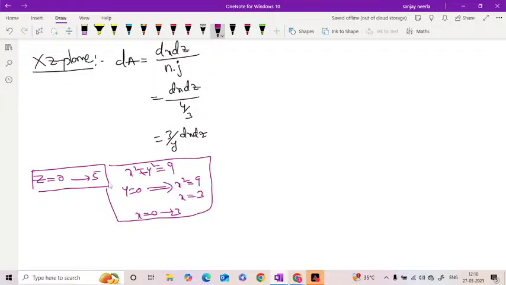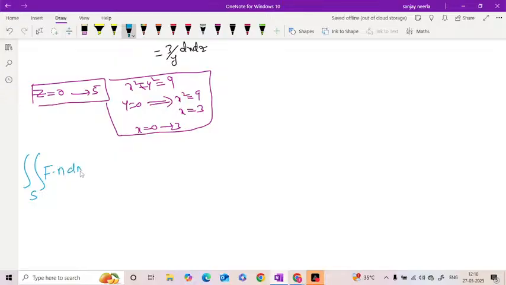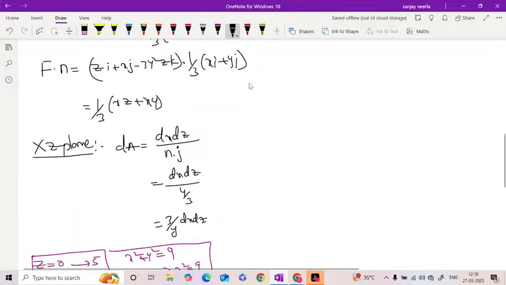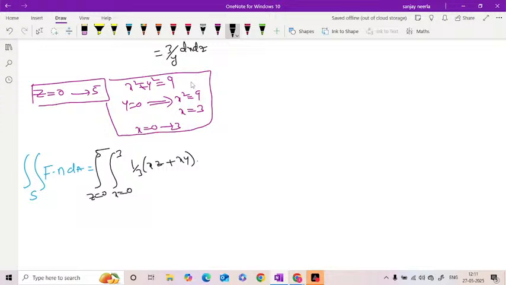Now we have the x limits and z limits. Now simplify. Now the double integral on the surface f dot n dA is double integral z is equal to 0 to 5 and x is equal to 0 to 3, and f dot n, what is the f dot n result? 1 by 3 of xz plus xy, and dA results 3 by y dx into dz.